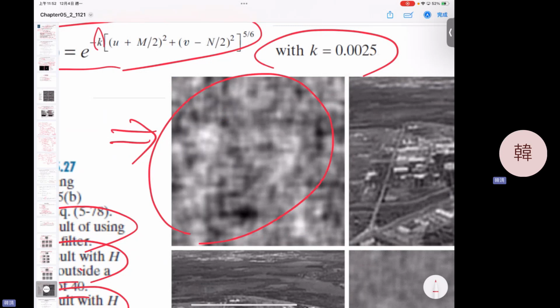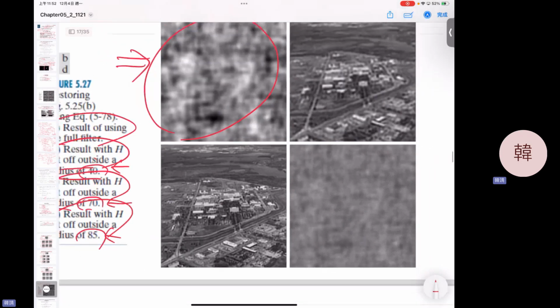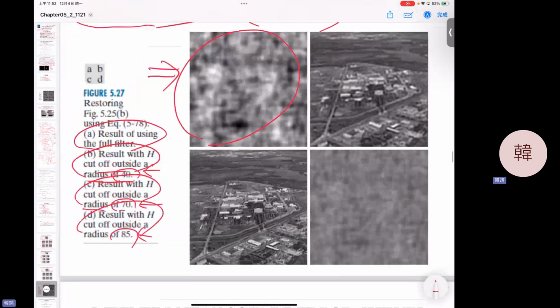You see nothing. But if you change some radius, just do some small modification technique, like we use only part of the radius, like 40, 70, 85. I don't know which one is the good one. So you can see this is 40, the radius. This is 70. This is 85.